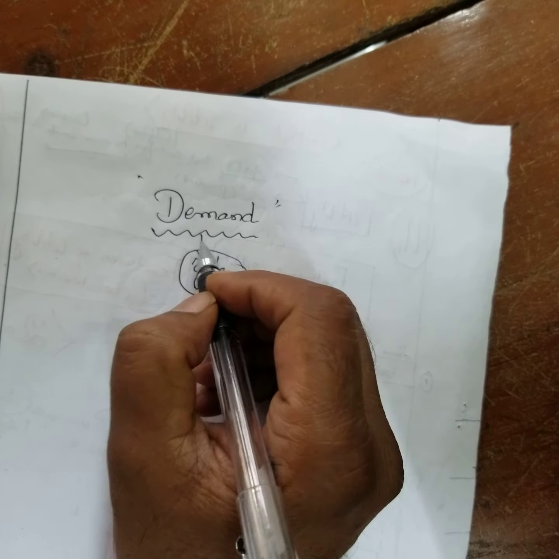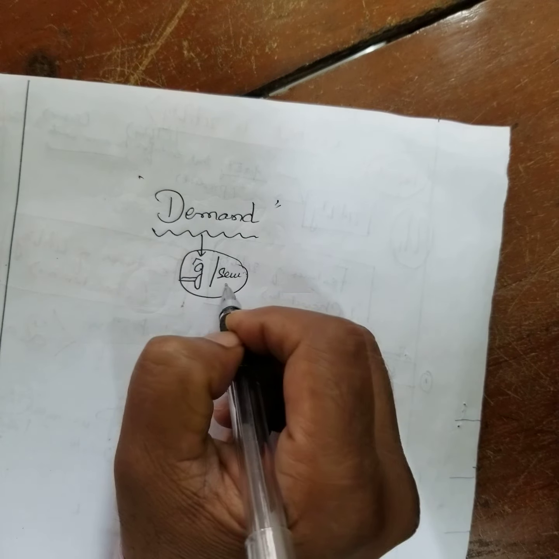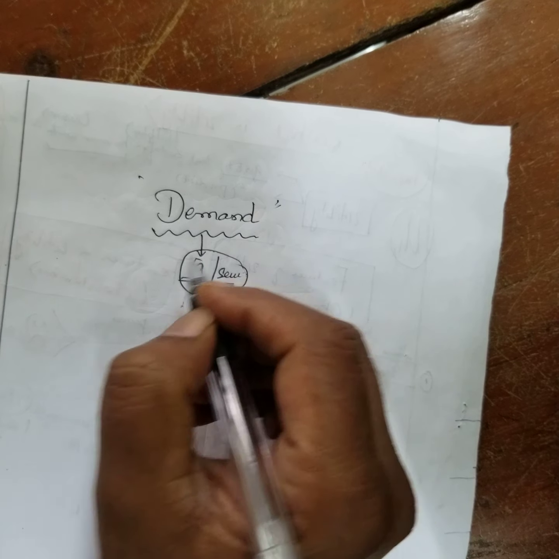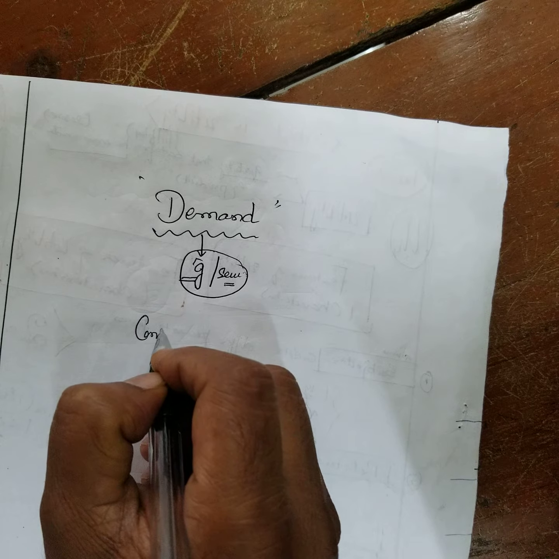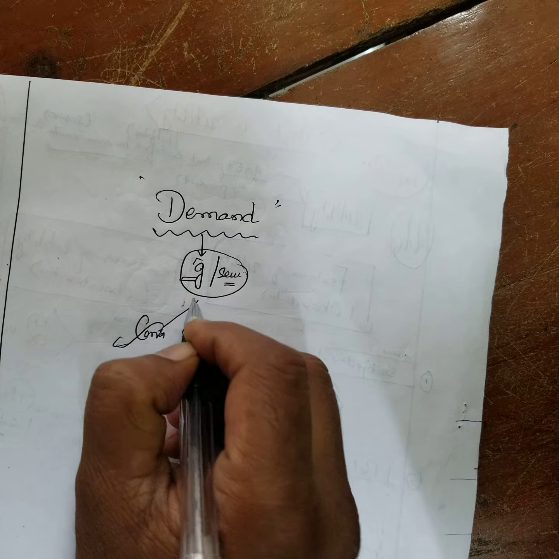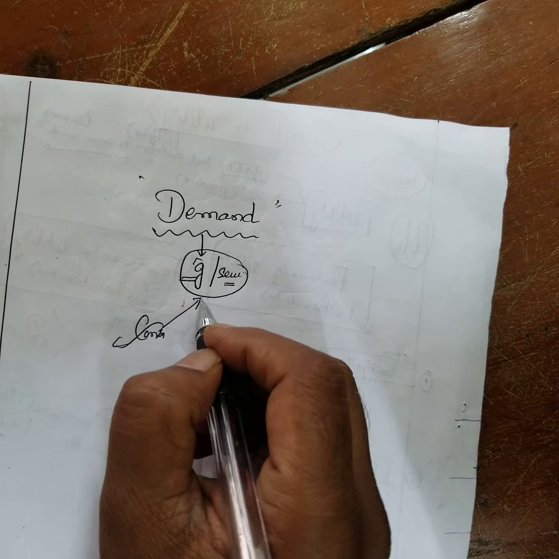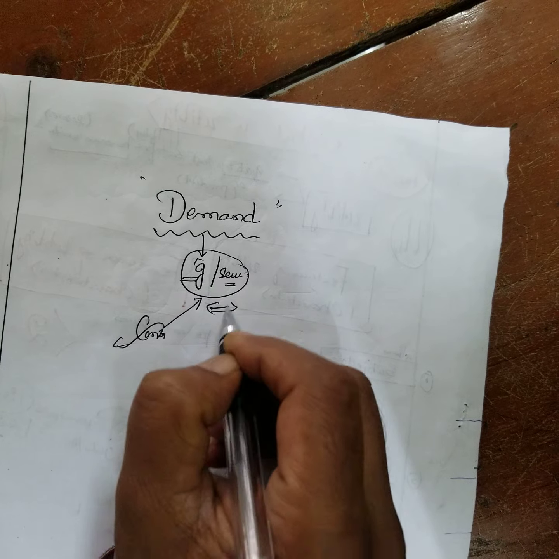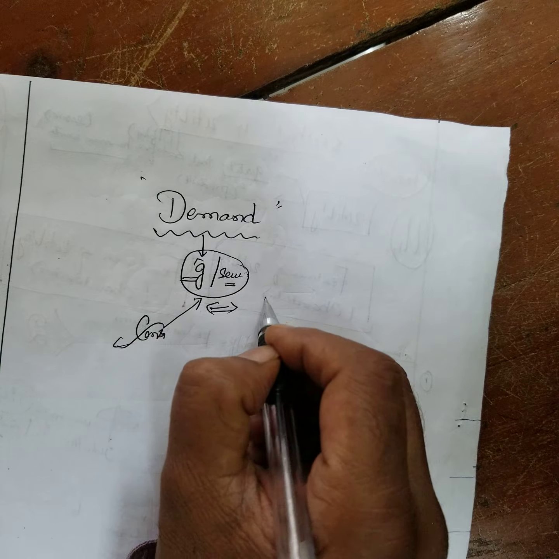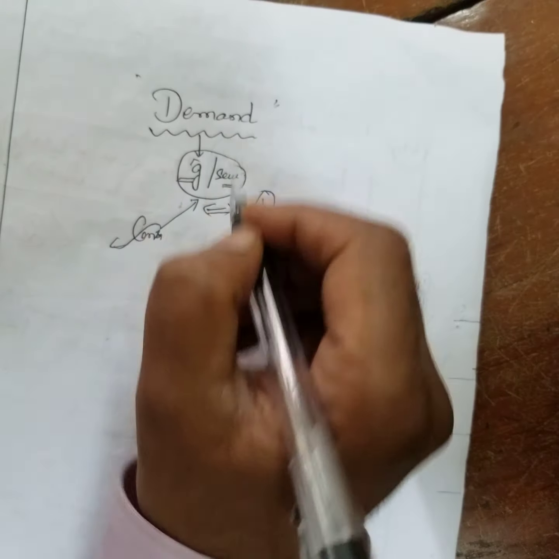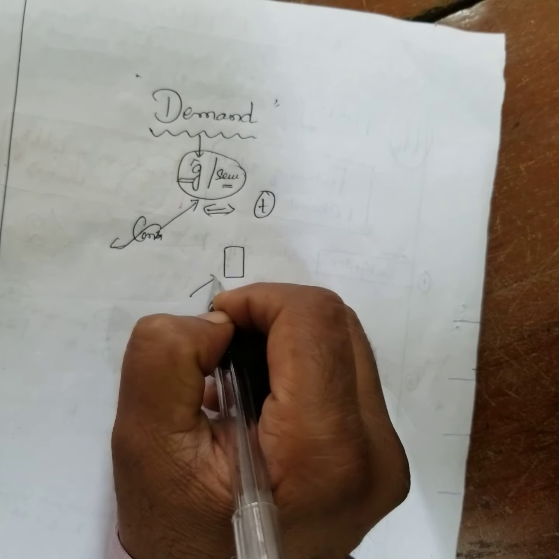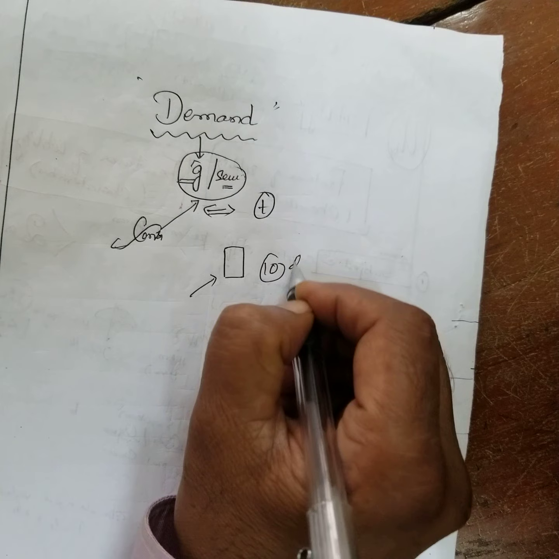It refers to a quantity of goods or service that a consumer is willing to buy, willing to purchase, for any price, for his satisfaction. In that time only. Say exam is coming closer, only 10 days are there.